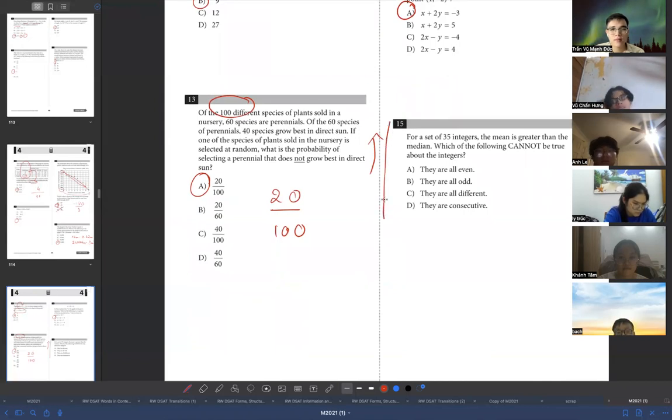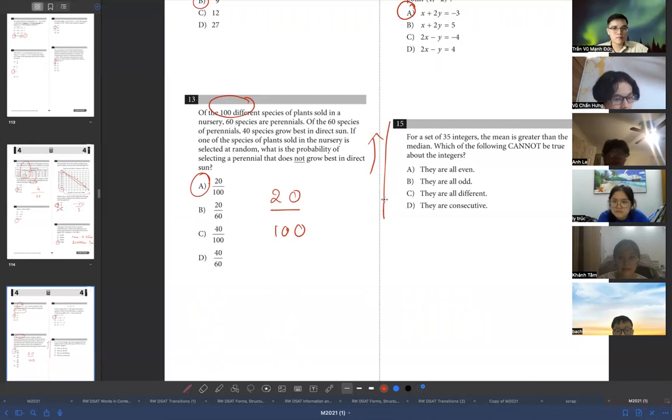15 is D. How did you come about D? I don't know how to explain it. Sorry. How did you choose D, though? Did you just circle the best one that fits, or did you have any steps?